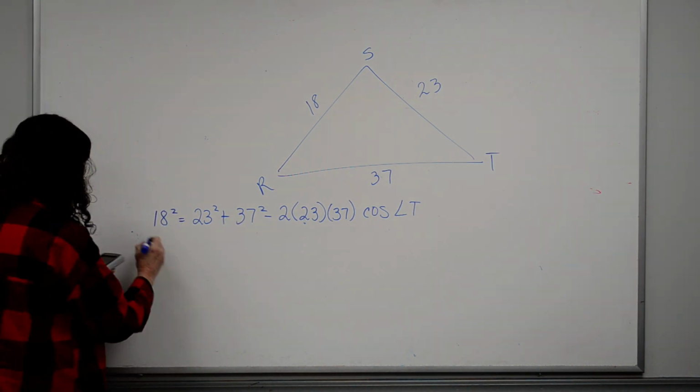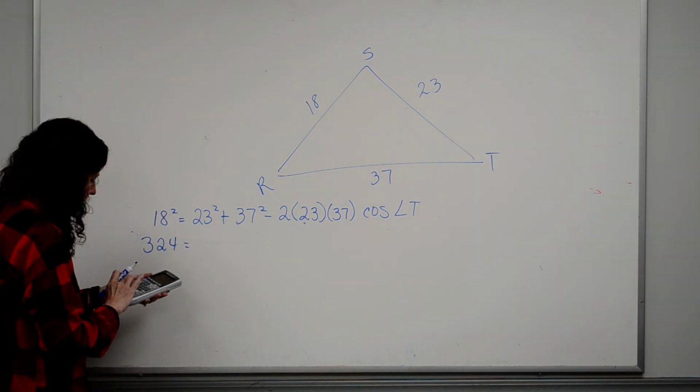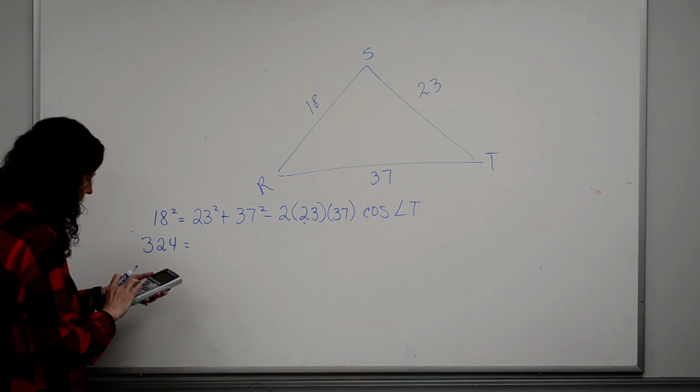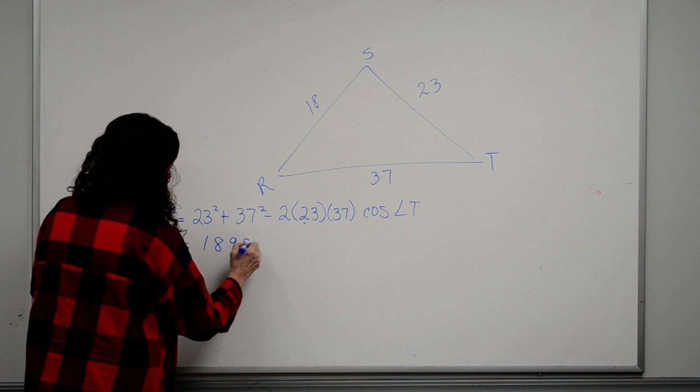18 squared, 324. Then I'm going to do those two together. 23 squared plus 37 squared is equal to 1,898.